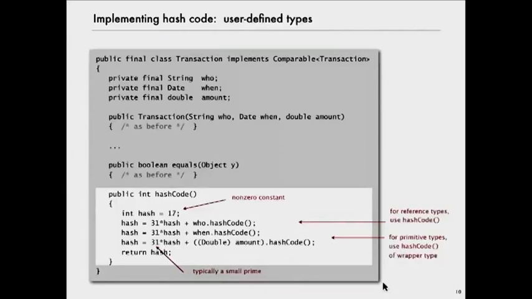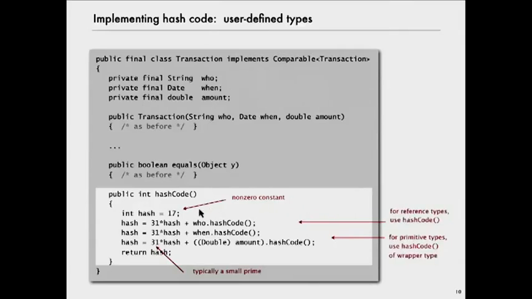How about implementing a hash code for our own type of data? Our transaction type might have a couple of instance variables: a string, a date, and a double. We need to compute a hash code, so return a 32-bit value. Again, we want to make use of all the pieces of data that we have, and we also want to make use of the hash code implementations for the types of data that we're using.